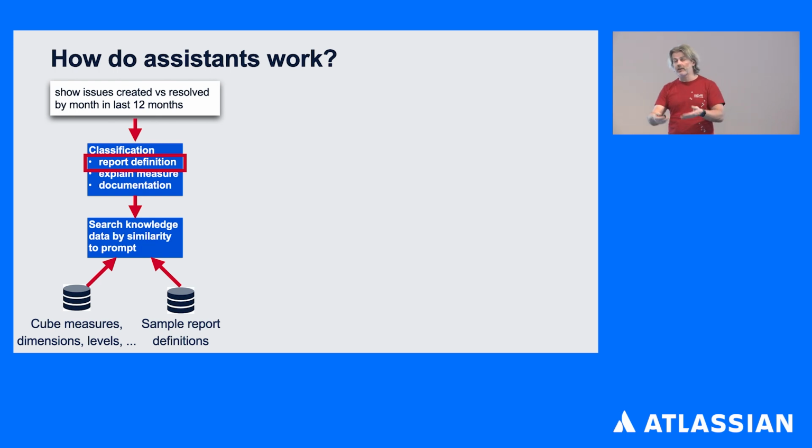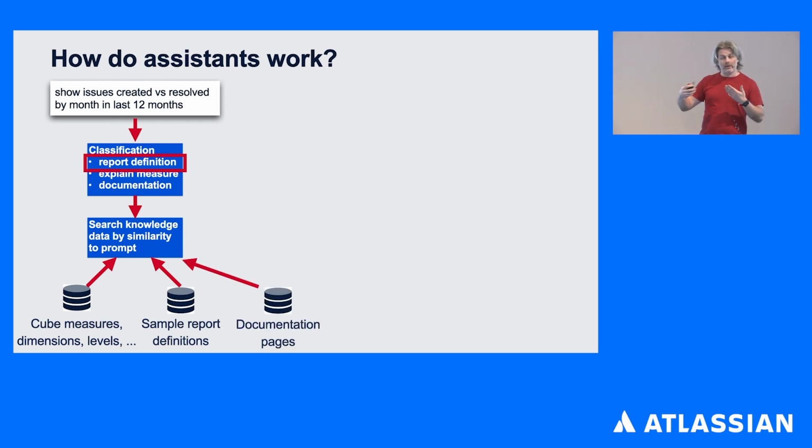And then we inject in the context the top matching sample reports. As well as we have a vast documentation with a lot of different examples and descriptions, and then we do the similarity search in our documentation, and we find the documentation page fragments which match the user question, and we inject that into the prompt.